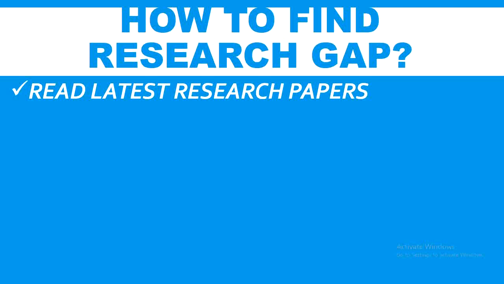Let's take an example. You are doing your bachelor's, MBA, master's or PhD in finance, but you are conducting your research study in green marketing. Sorry, it's not possible. No, it's invalid. The proper example is that if you are a finance student, then you should be conducting a study in some domain or subject of finance.